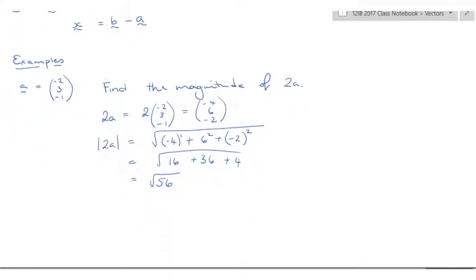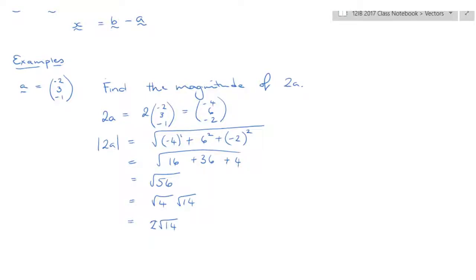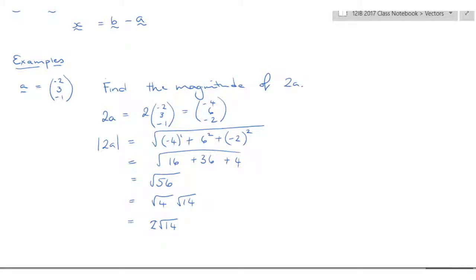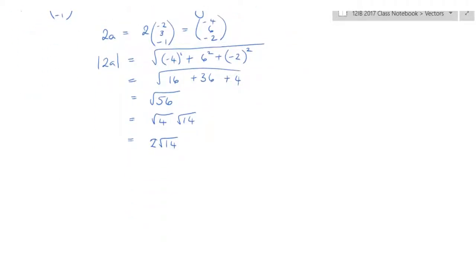And you could, if you wanted to, take out a factor of 4. If you divide that by 4, you end up with 14. And so we end up with 2 root 14, since the square root of 4 is 2. You should get into the habit of simplifying if you can.